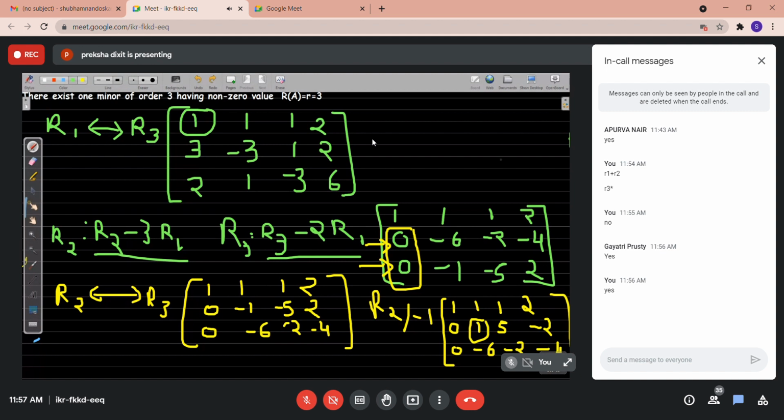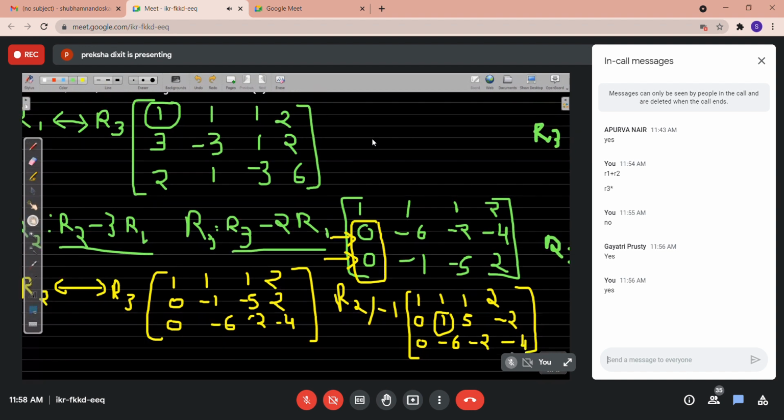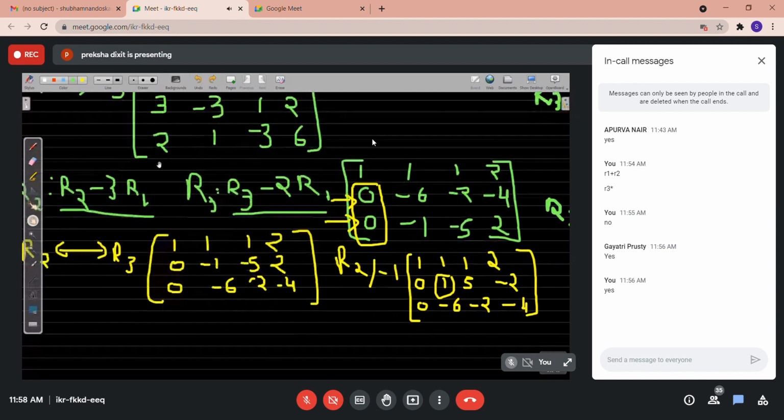Now, once the diagonal position has been made 1, we can use that 1 to get zeros at the rest of the positions in that corresponding column. So here and here, that means this element 1 and this element minus 6 are to be converted into 0 now using this diagonal value 1.